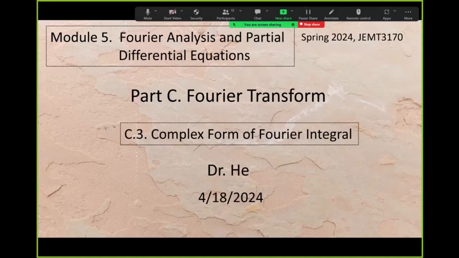That will be used as the Fourier transform definition. Let me just do a little preparation, then we take a break, so after the break, we can look at the formal definition of the Fourier transform.